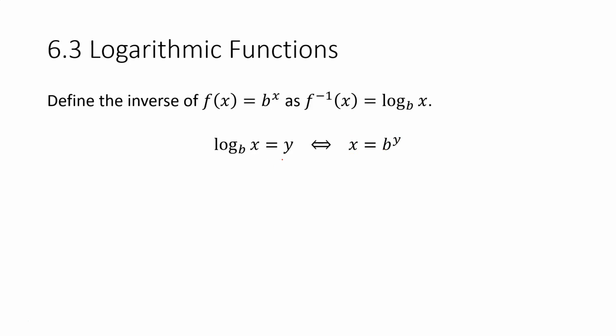Sort of interchanging the input and the output variables between these two sides of the implication. So we'll call this the logarithmic form of the equation, and we'll call this the exponential form of the equation.